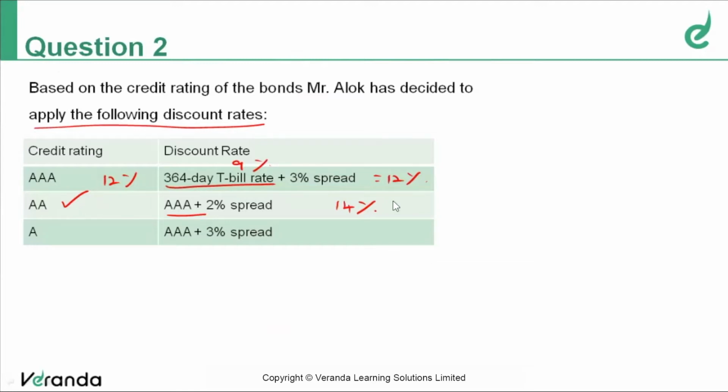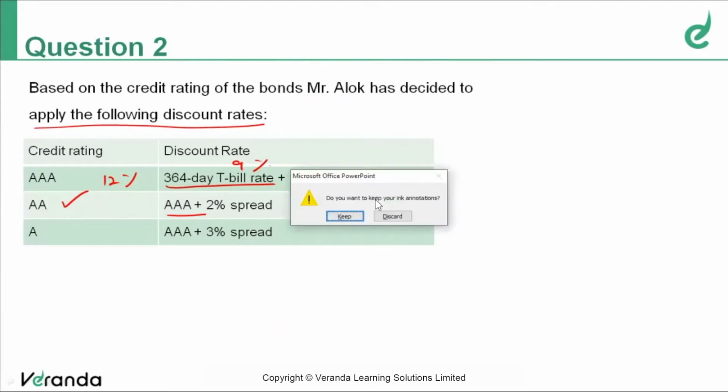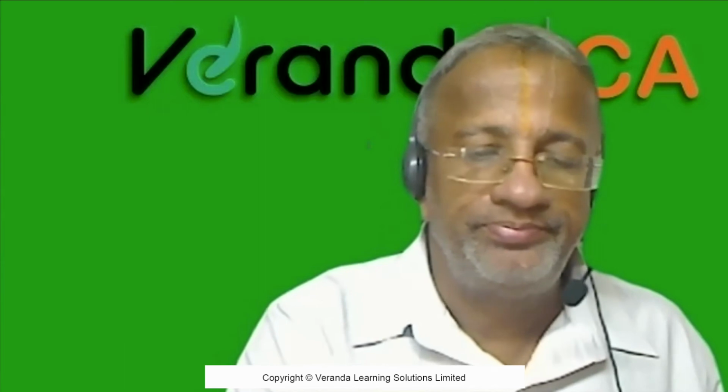Now, like in the case of capital budgeting problems, how we normally do, that is the way we will try out. So here, years 1 to 5 and 5. The events are coupon and lastly redemption value.